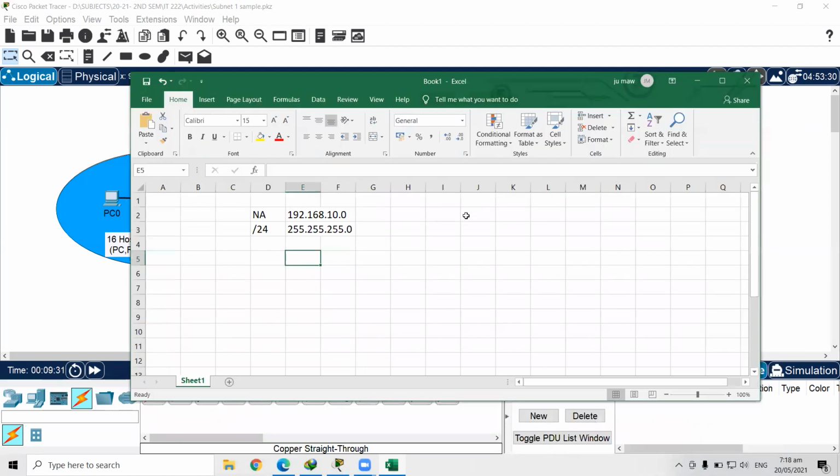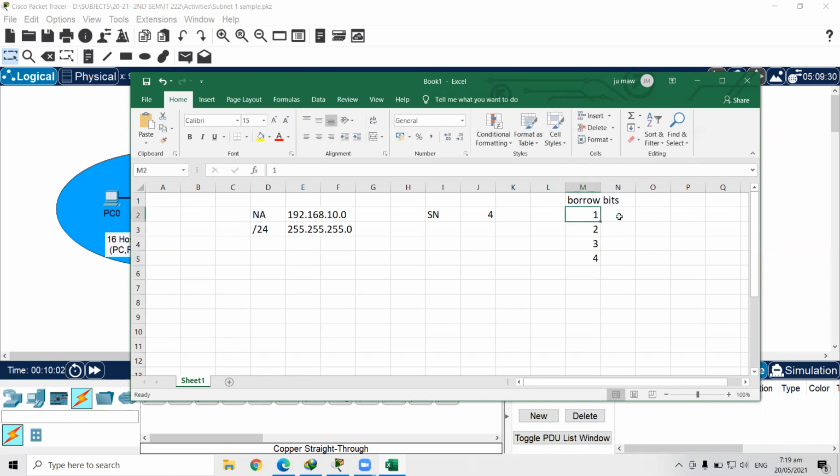So for subnet, we have 4 networks. Required subnet is 4. Therefore, borrow natin ang bits to be borrowed: 1 bit, 2 bits, 3 bits, 4 bits.